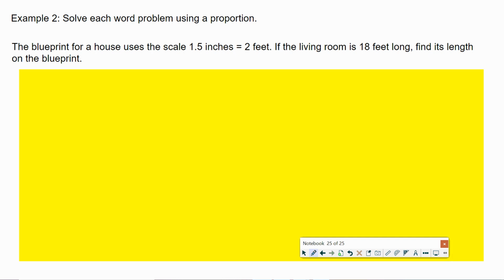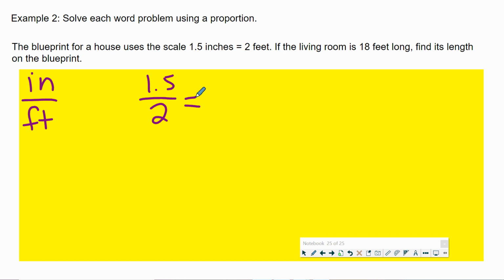Okay, next one. The blueprint for a house uses the scale 1.5 inches equals 2 feet. If the living room is 18 feet long, find its length on the blueprint. So we're going to do, again, inches over feet. So I'm going to do 1.5 over 2 equals x over 18. Cross multiply, I get 2x equals 27.